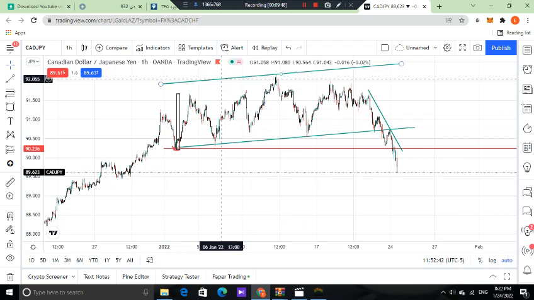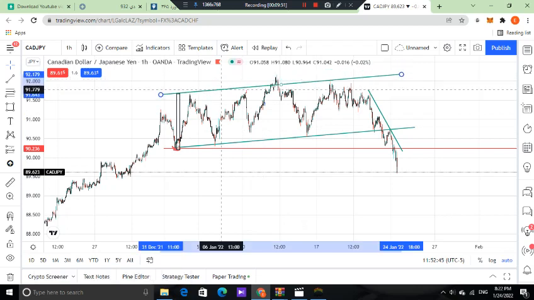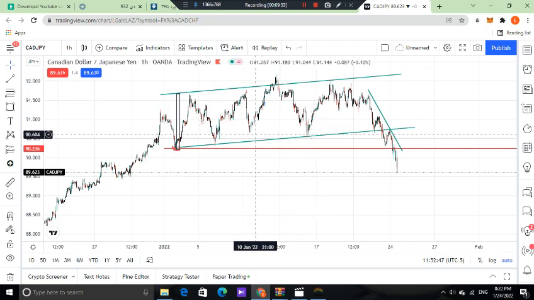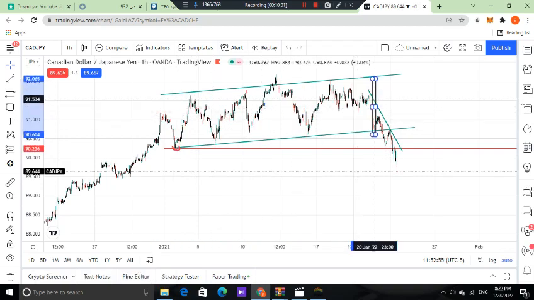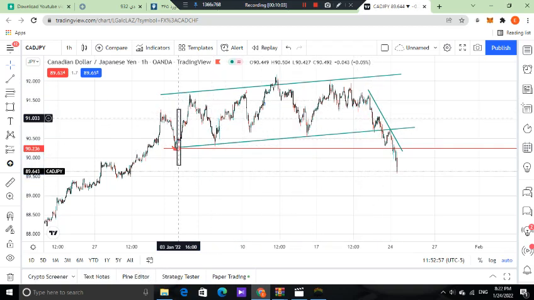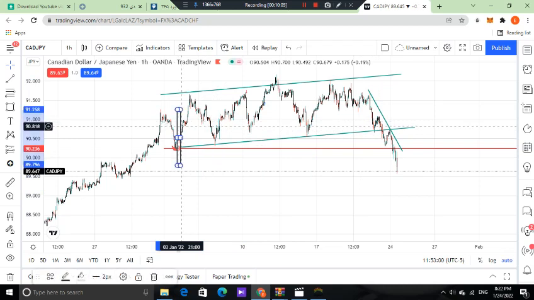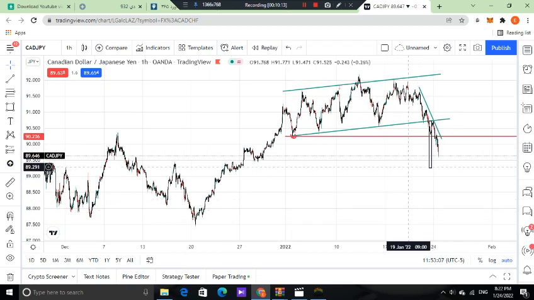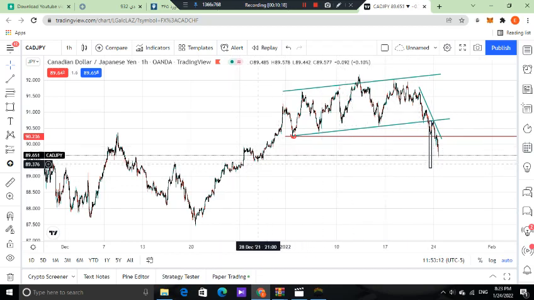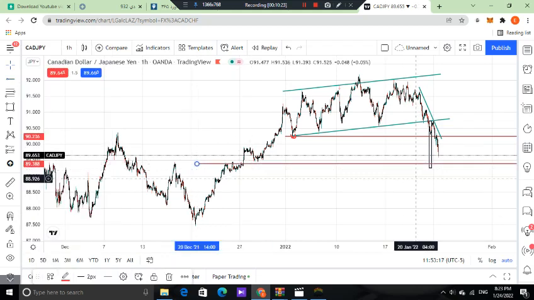If you consider this as a bull channel, when you have a breakout above or below a channel, the target you can use is the height, the width of this channel, and if you put it here, it's somewhere around here. That's the Fibonacci area. We just measured this area.